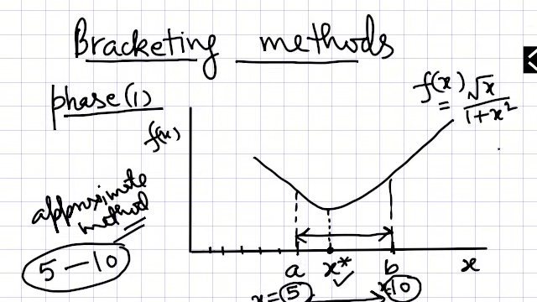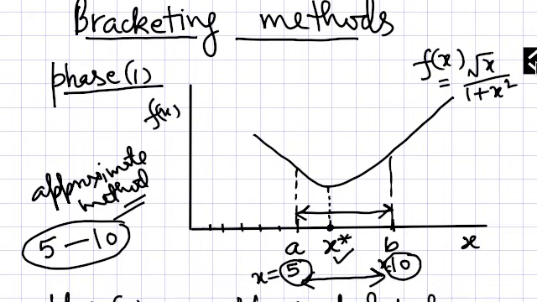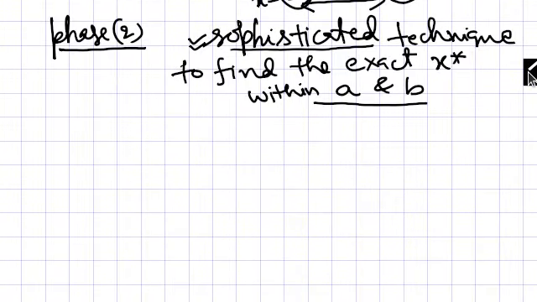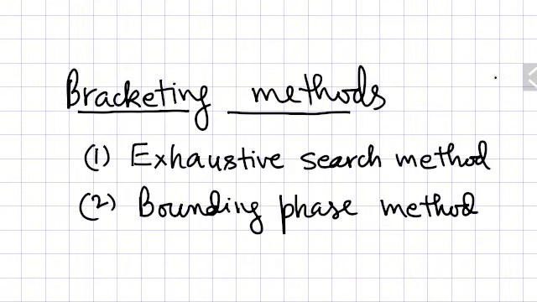Now we are going to see how many classifications there are. One by one we will take them. In this method we will study in detail the exhaustive search method and the bounding phase method. First we are going to take the exhaustive search method.